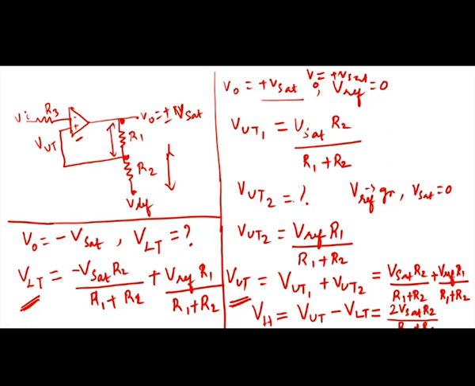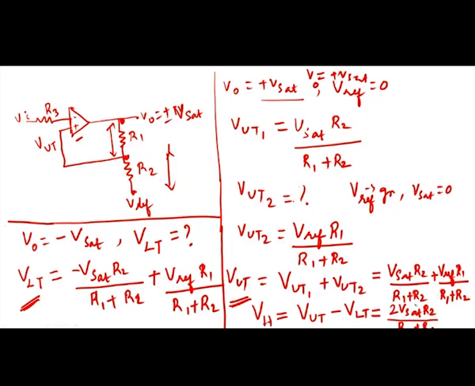So, this is the equation you will be getting when you subtract the lower threshold voltage from the upper threshold voltage. Since you have a minus term here, when you subtract, you make this minus as plus and this V reference as minus. So, the V reference term will get cancelled and now you have two V saturation terms.